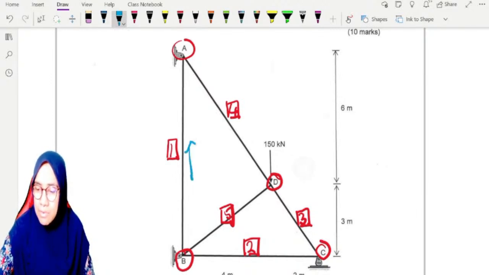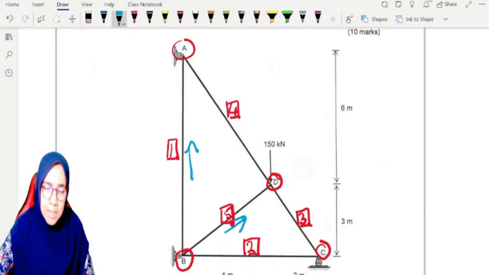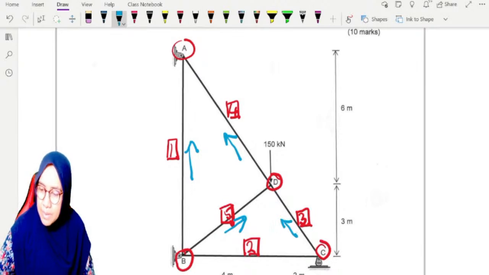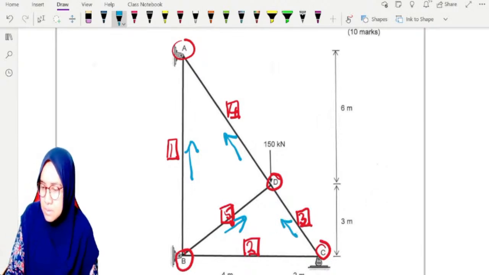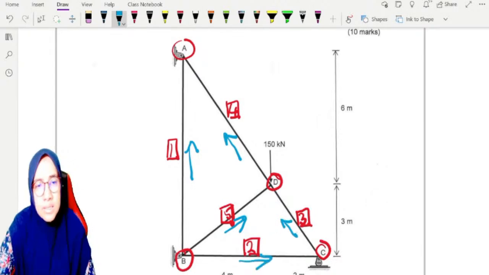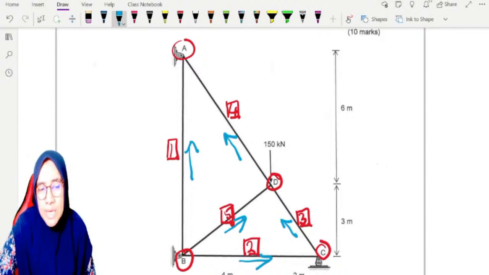The arrow is important to help us identify the near end and far end, because near end and far end are very important when we want to calculate Cx and Cy. This is the arrow for each element, parallel with the members.